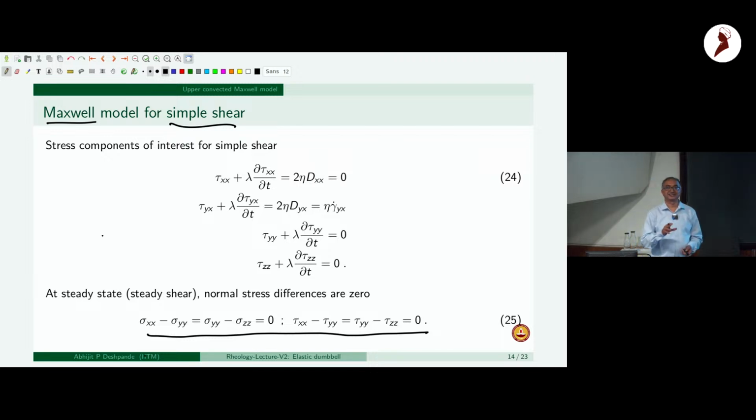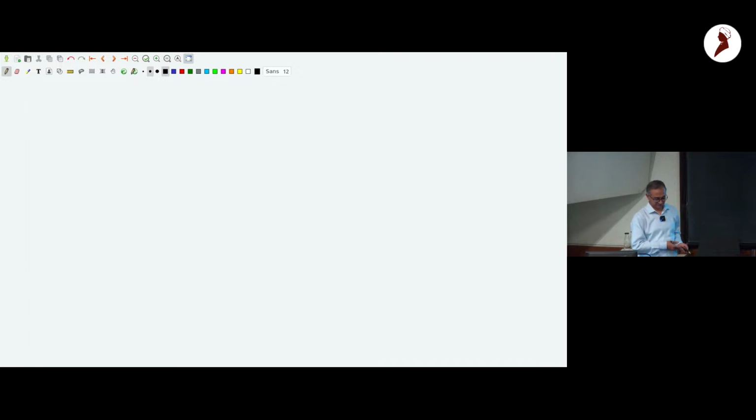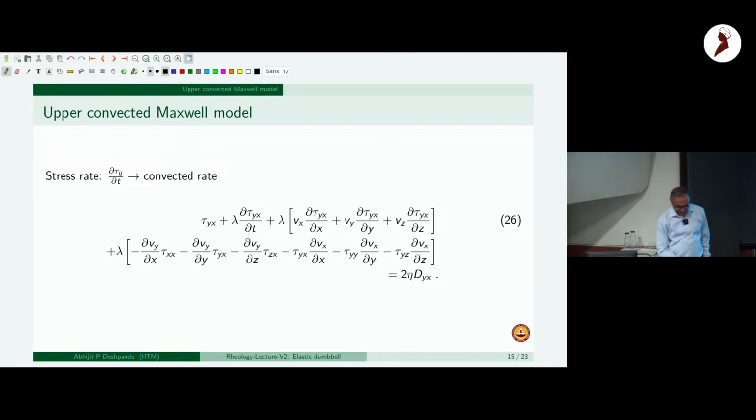So it incorporates elasticity at small deformations in oscillatory shear or stress relaxation, but as far as steady state elasticity goes, it basically is a perfectly dissipative system, because at long times the Maxwell model is nothing but a viscous model. And so the upper convected Maxwell model, which includes, instead of the partial derivative of stress, a convected rate, ends up having terms which then include the normal stresses also.